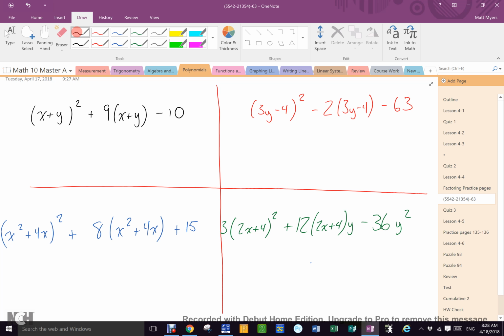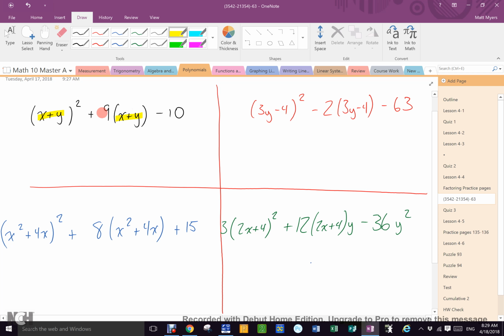What is something you could have tried with the first one, the black one? What is something you noticed in the black one? Evan, you notice this, correct? Are they the same?